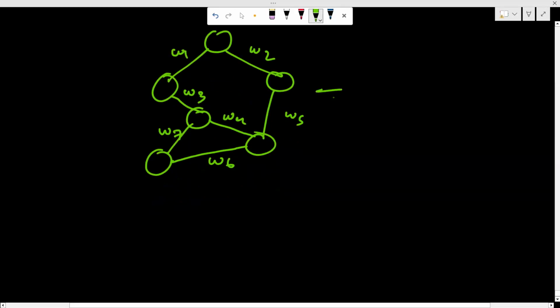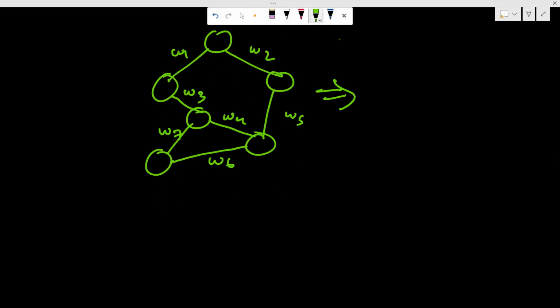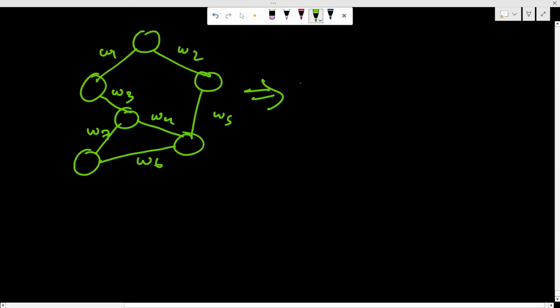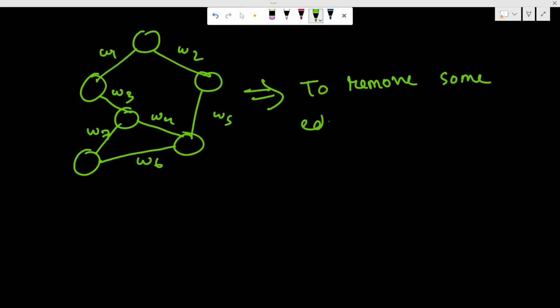I want to construct a tree from this graph. Let's suppose I want to remove some edges such that the graph still remains connected.